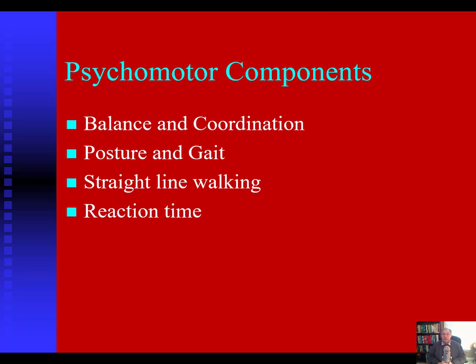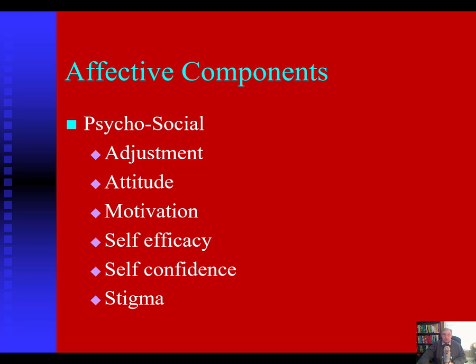So for example, the cane tip finds a small drop-off, which could be a curb. The individual needs to be able to react right away so that they don't overstep where that cane touched down and they don't step accidentally over the curb and into the street. Or if the cane touches grass, being able to stop before they walk onto that grass. So all of those are psychomotor components.